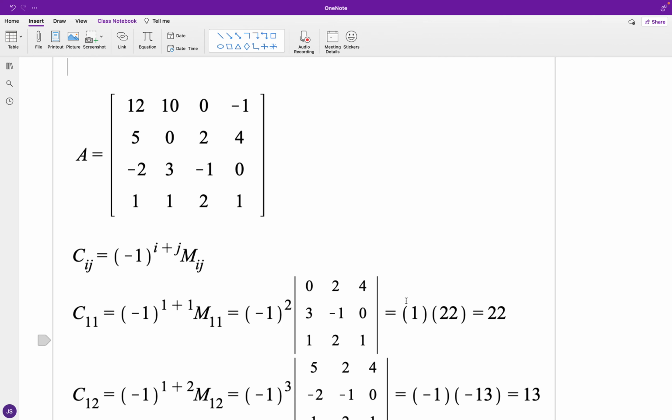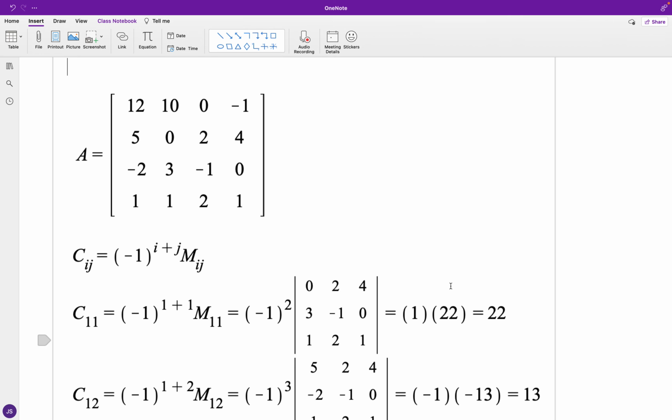And for the minor of the first row, first column, I have 0, 4, 3, negative 1, 0, 1, 2, 1 exposed. We had determined this earlier, when we determined the overall determinant of this 4x4 matrix, and the determinant of this 3x3 section is 22, and 1 times 22 is 22.